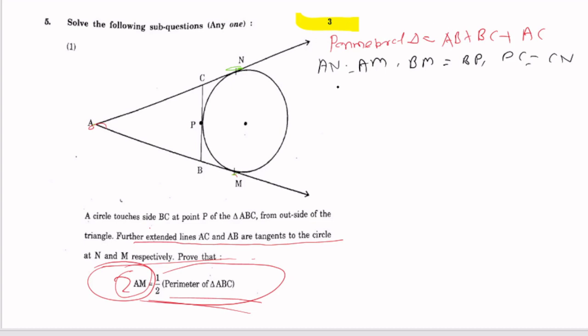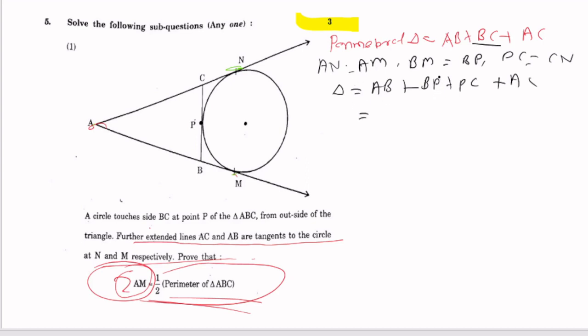Now the perimeter is equal to AB plus BC plus AC. So in place of AB, we'll keep it as it is. Where is BC? This BC, can I write BP plus PC? Reason, BC is the addition of these two. AC, I'll write as it is.